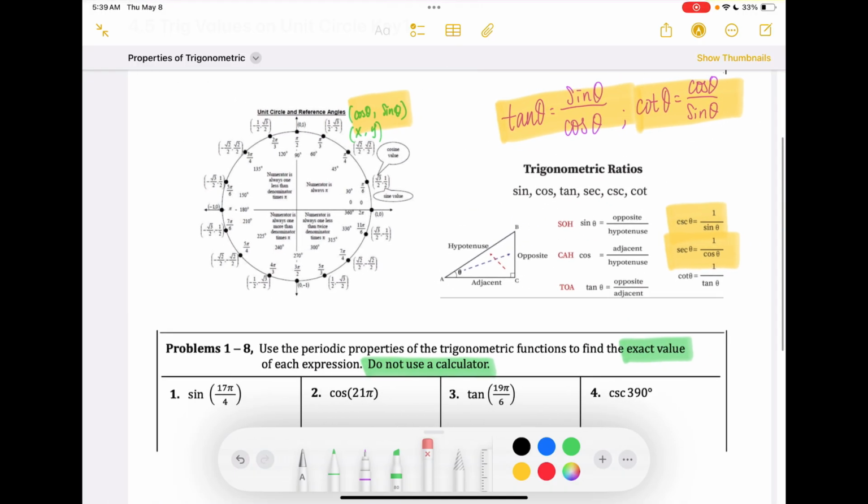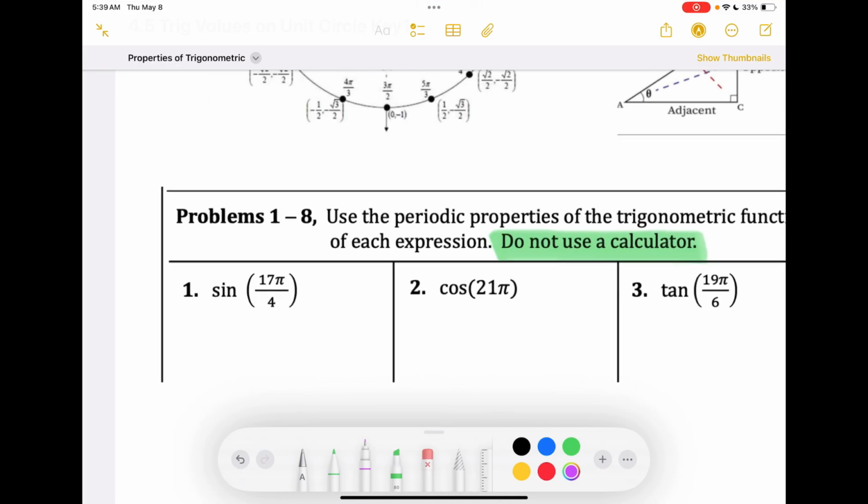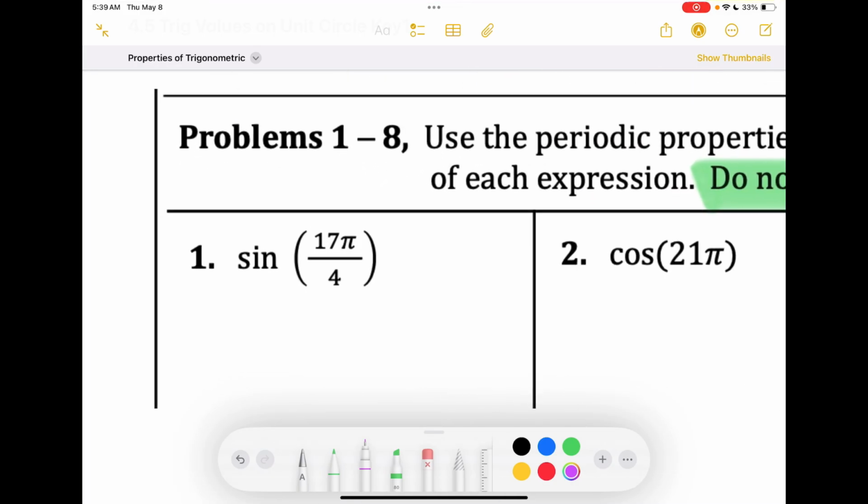Find the exact value. As you can see on the unit circle, we do not see 17 pi over 4. That tells us it is too big. So how do I make it back to my unit circle? I'm going to minus 2 pi.